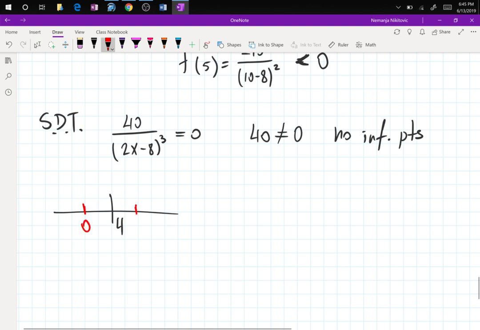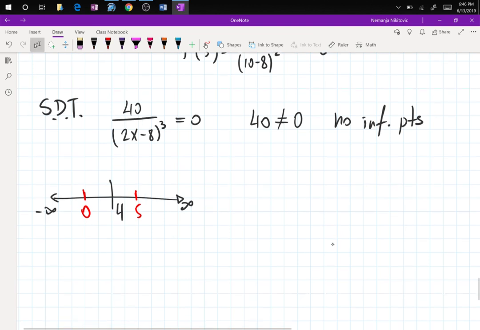Pick 2 numbers. Now you like 5. That's okay. And we find the second derivative at 0, which is going to be 40 over negative 8 cubed.